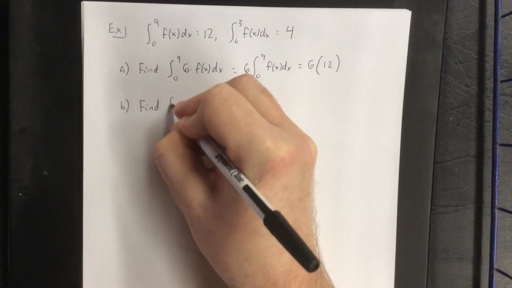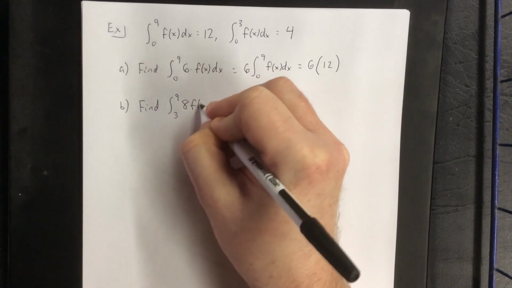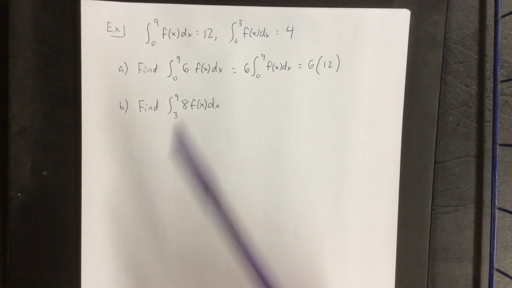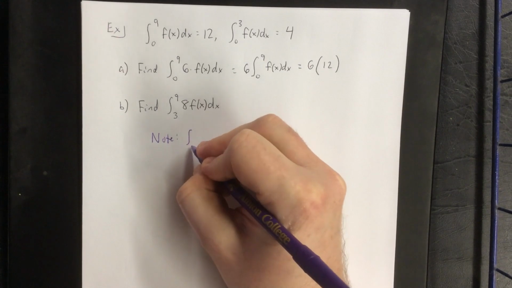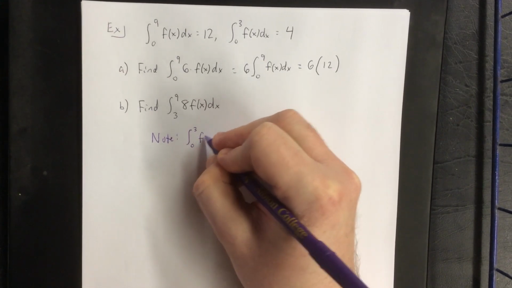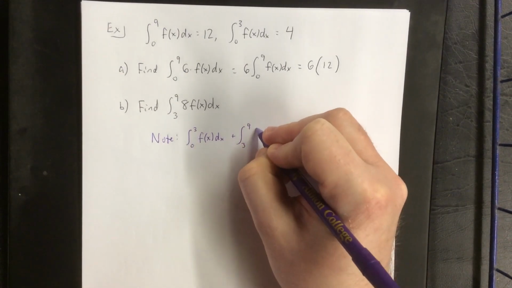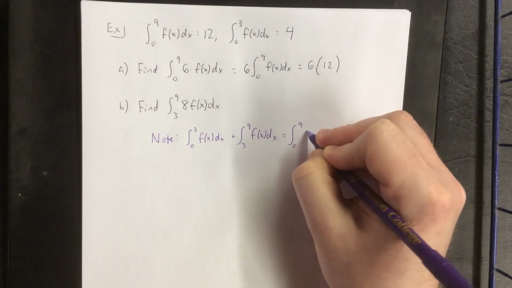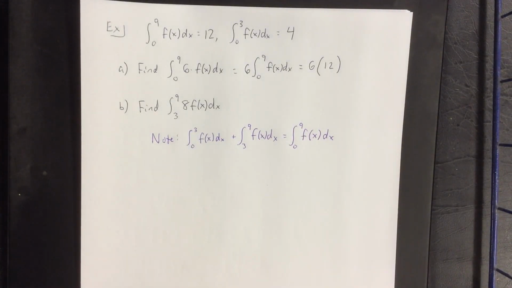If I asked you to find the definite integral from 3 to 9 of 8 times f of x, then this is going to require a couple of rules. Now you'll note that going from 3 to 9 isn't listed for either one of these. So the thing that I would like to point out is that if I were to take the definite integral from 0 to 3 of f of x dx, and then add to it the definite integral from 3 to 9 of f of x dx, then according to the last property on the previous page, I would get the definite integral from 0 to 9 of f of x dx.